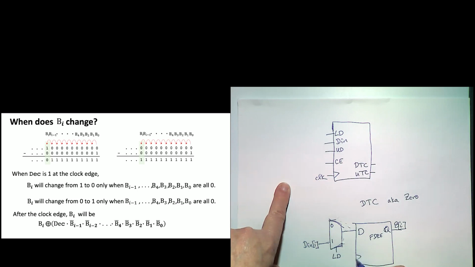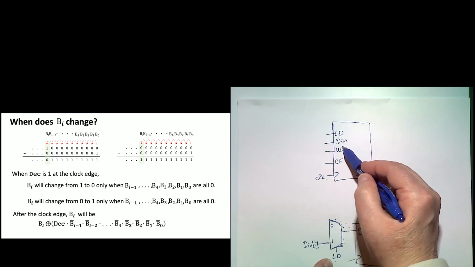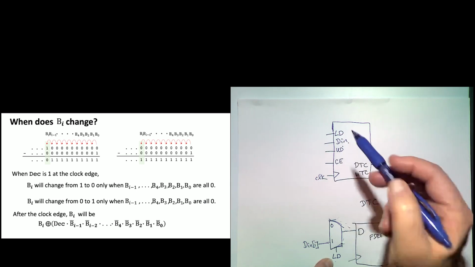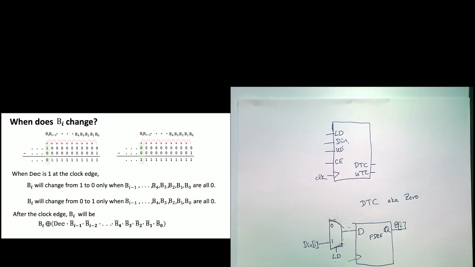Again, when your load signal is high on the clock edge, you're going to load the value you're provided. So this is a loadable counter, which means you can set it to whatever value you want. If you want to start your count at 11, you can load 11 into it. But this only happens on a clock edge as usual.